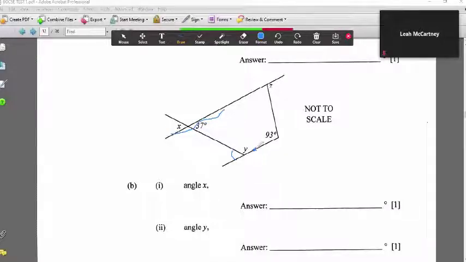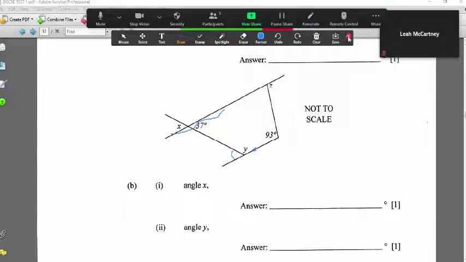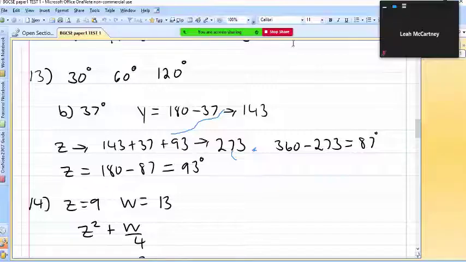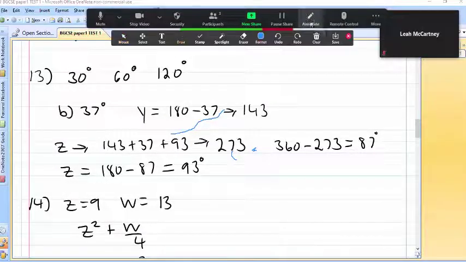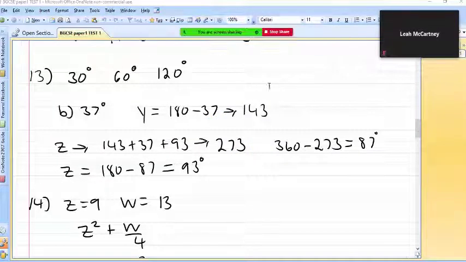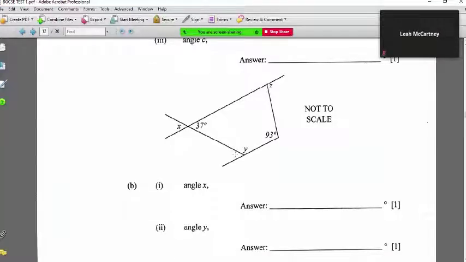Let me clear all annotations. Okay, so y in this case is going to give you 143, because you subtract that 37. So therefore, I have 37, I got 143, and I got 93, okay?